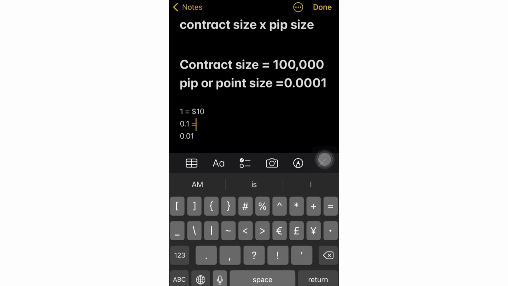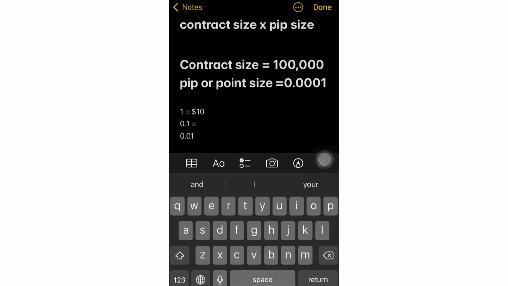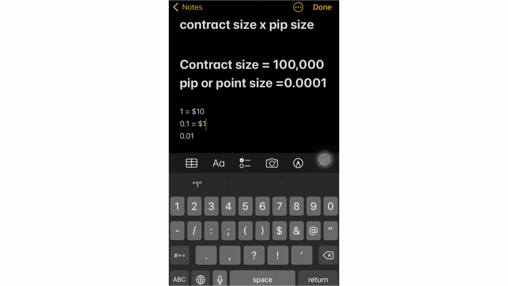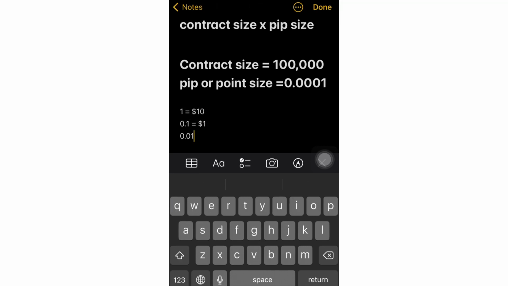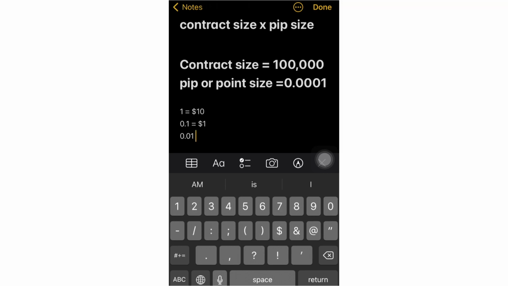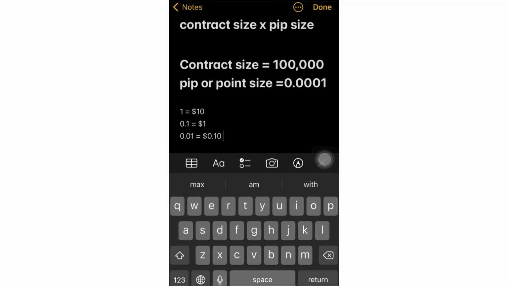If I have 1 pip movement on the next one, it's going to give me $1. And on the smallest, it's going to give me 10 cents.